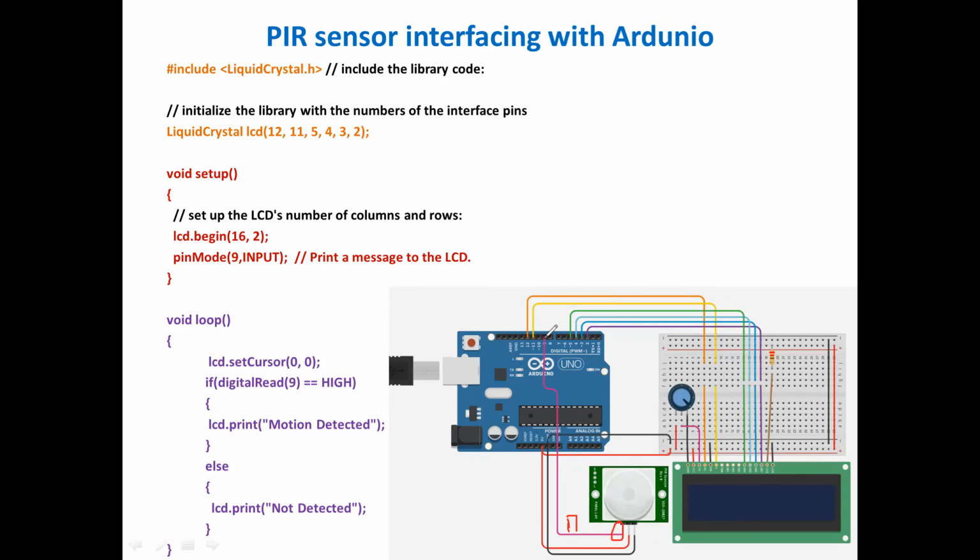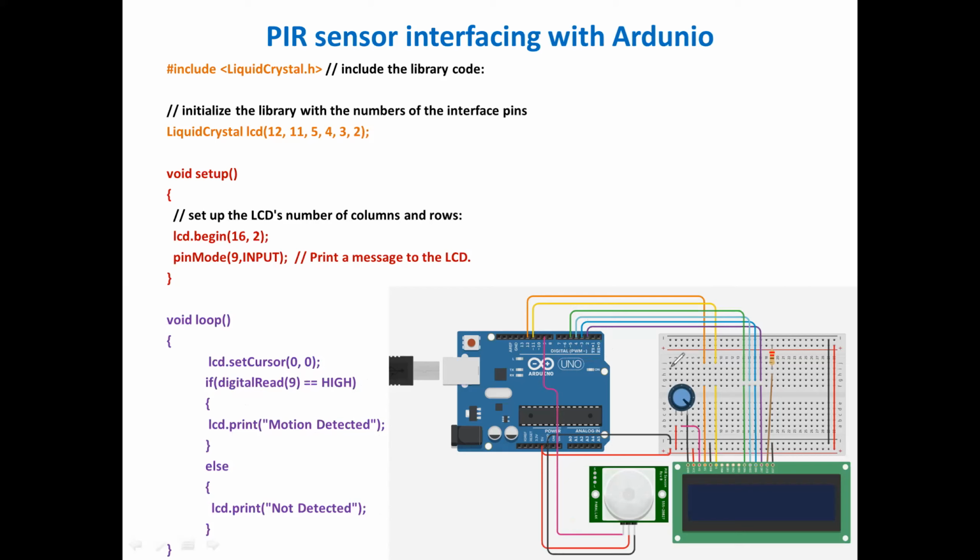You can interface it to any of the digital pins. For example, here we have connected it to the 9th pin. If the 9th pin is high, then we say motion is detected, else we say motion is not detected. So we are doing a digital read of the 9th pin.